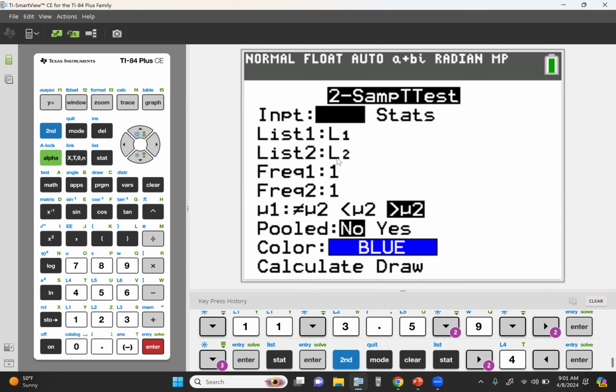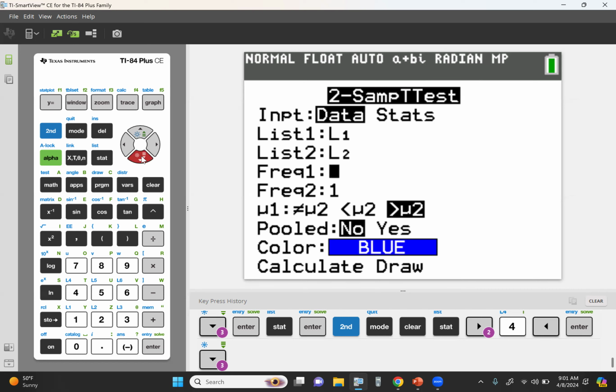My face-to-face classroom data was in L2. The frequency of both of those is 1. There's no frequencies. I didn't get more than one score, so I didn't use a frequency list. And I'm testing to see if online is less than face-to-face. So mu1 is less than mu2. I'm not pooling the variances, and I'm going to calculate.